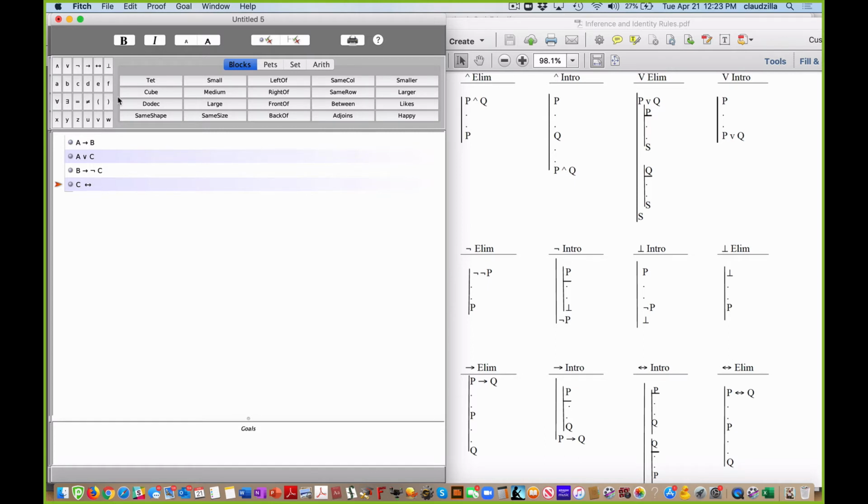I don't remember, so I'm just going to use the button. And then our goal is D if and only if B. Okay, now I changed some letters, so bear with me.